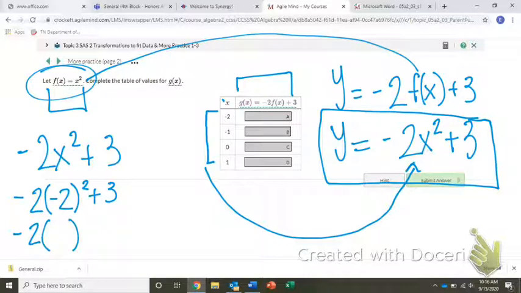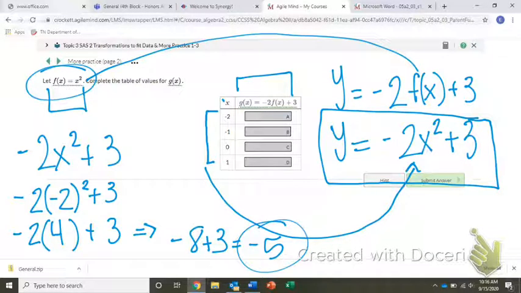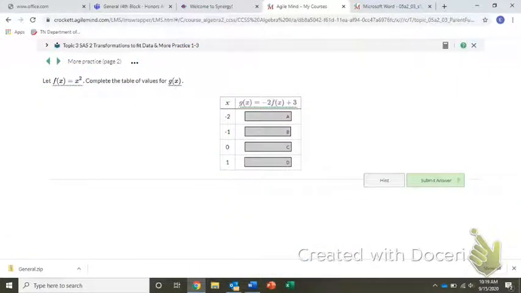So that means a negative 2 times a negative 2 is a positive 4 plus 3. So I have a negative 8 plus 3, which is a negative 5. All right, you will do the same thing for negative 1, 0, and 1. Remember, on more practice, you get 3 tries.